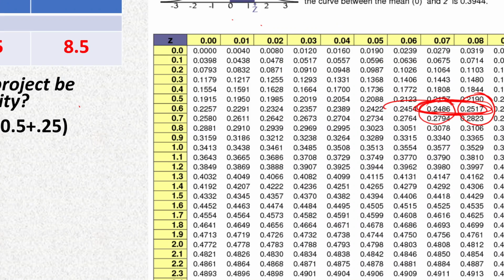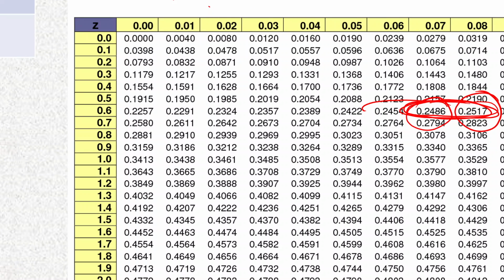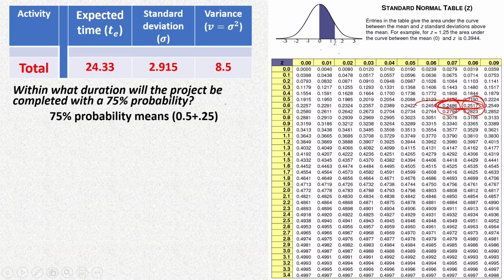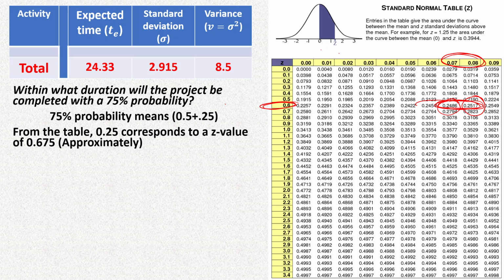If I zoom in, as you can see, in between these two values, for these two z values, we can quite comfortably take it as 0.675. From the table, 0.25 corresponds to a z value of approximately 0.675.